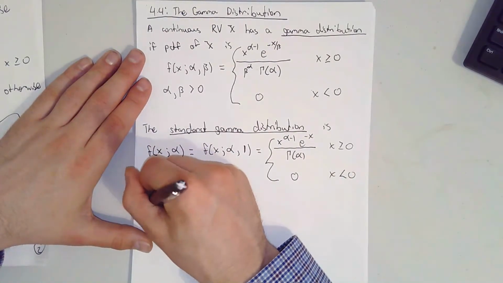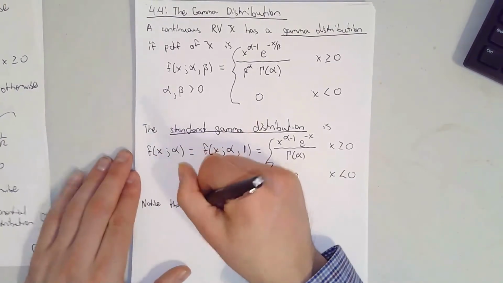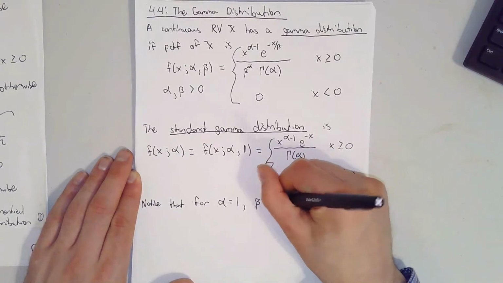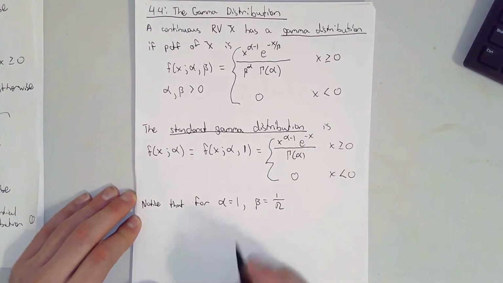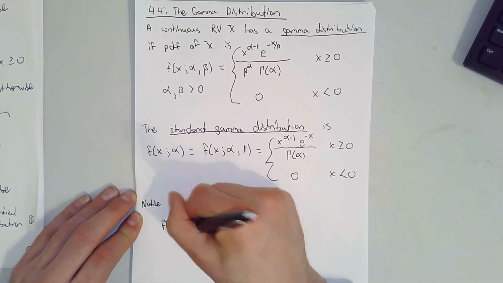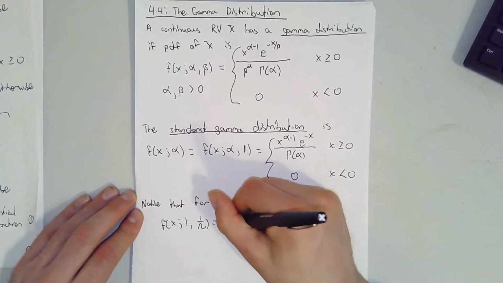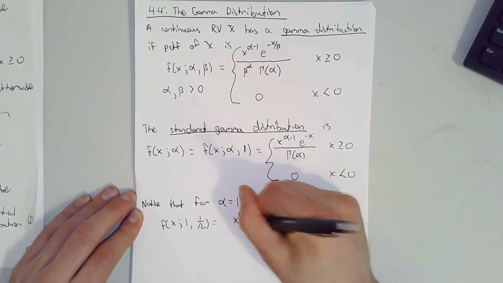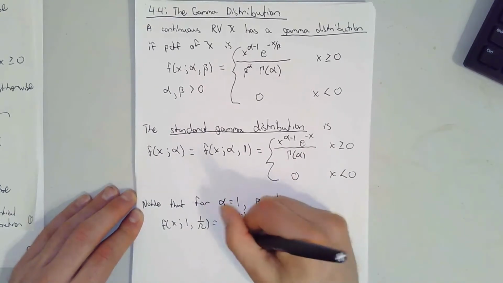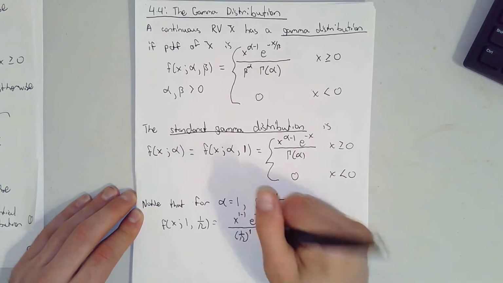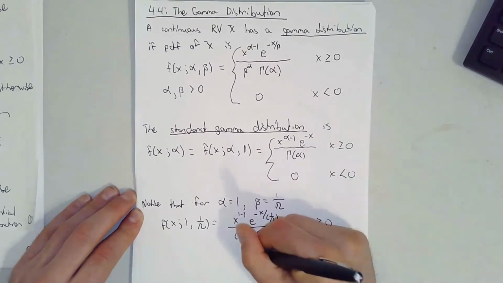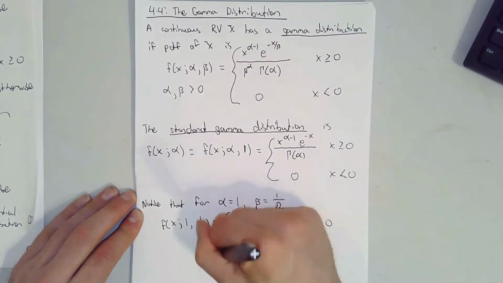Well, if we notice that, for alpha equals 1 and beta equals 1 over lambda, we have the following.